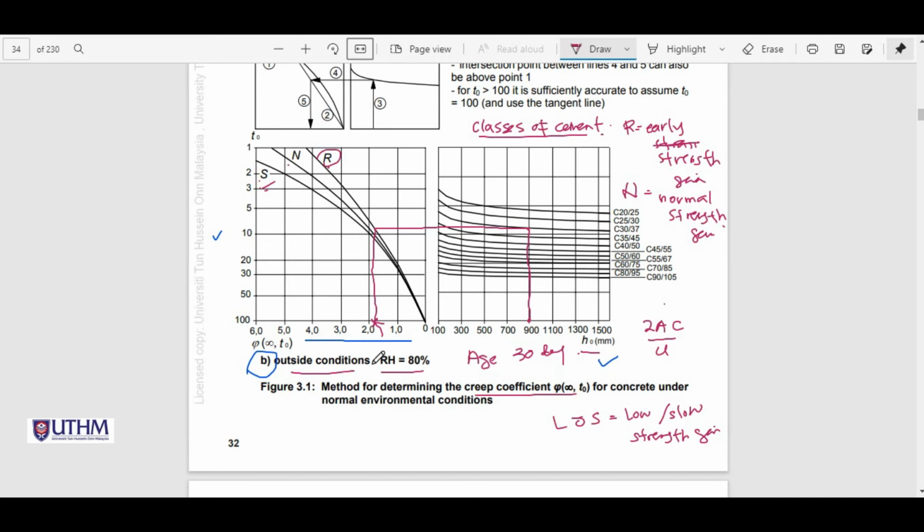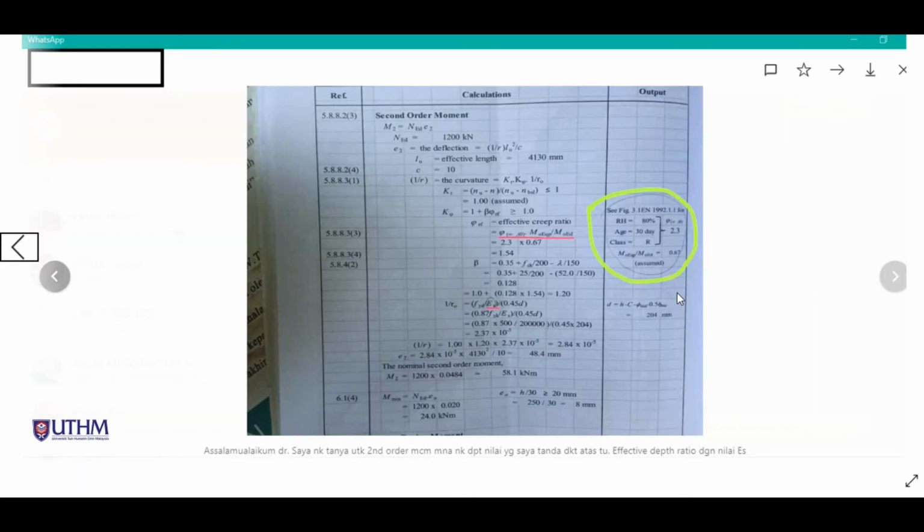The next question is how to assume the moment due to the quasi-permanent load over the moment due to the ultimate load. Here 0.67 is assumed. I have no direct answer for this one because the quasi-permanent load depends on the combination of the load used for the design.